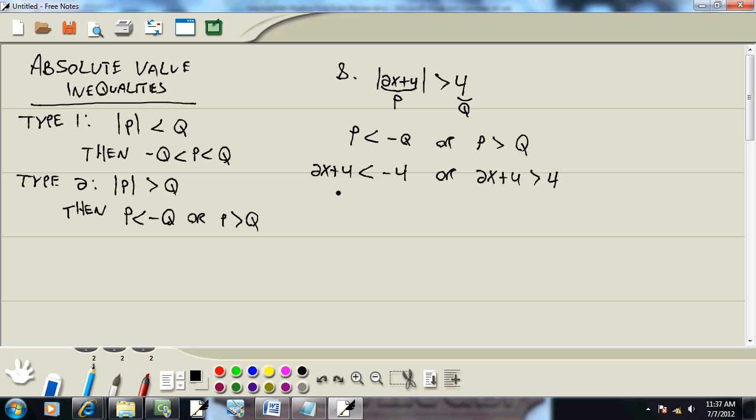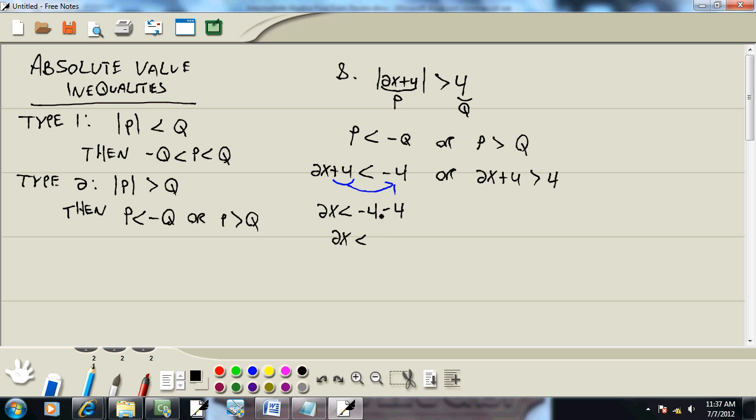I'll do the one on the left first. First step, get rid of parentheses, don't have any. Second step, get rid of fractions, don't have any. Third step, get everything with an x on the left side, numbers on the right side. So I'll take the 4 over to the right side. If you take anything across the inequality symbol, the sign changes, so the positive 4 becomes a negative 4.